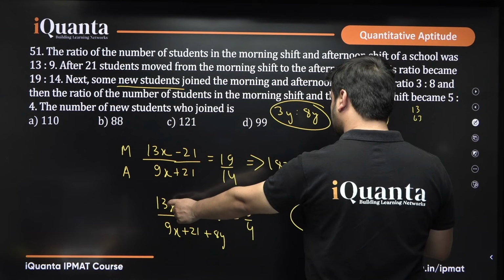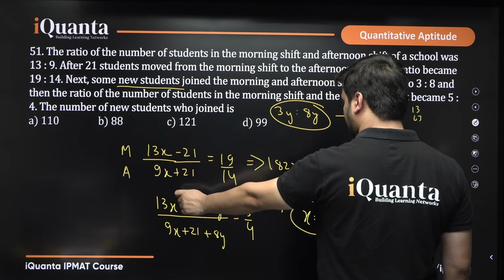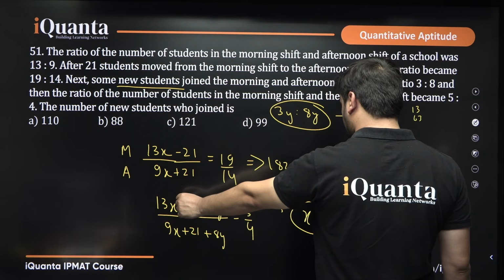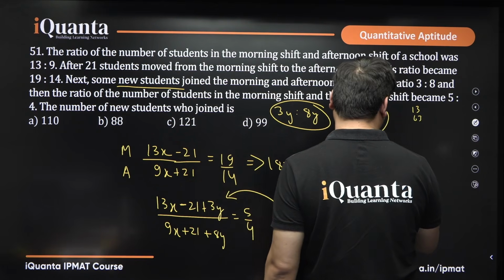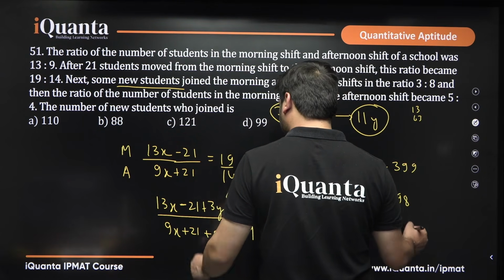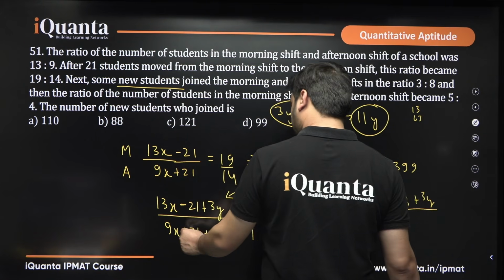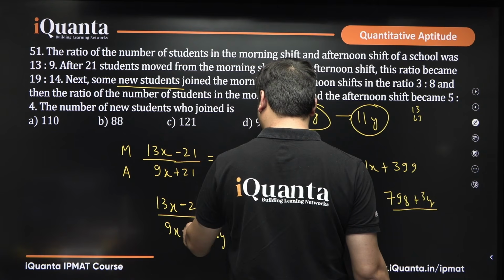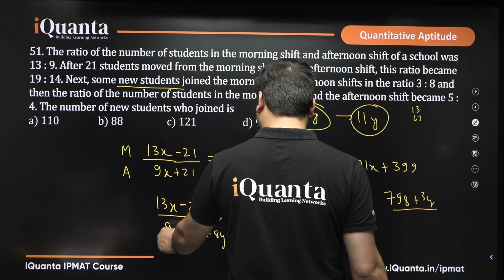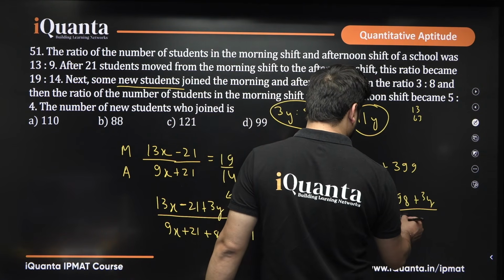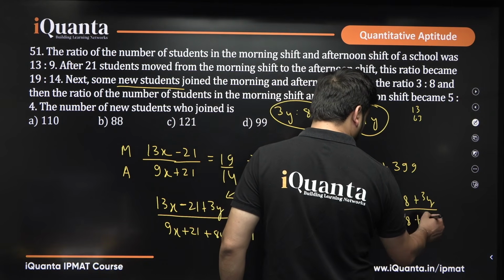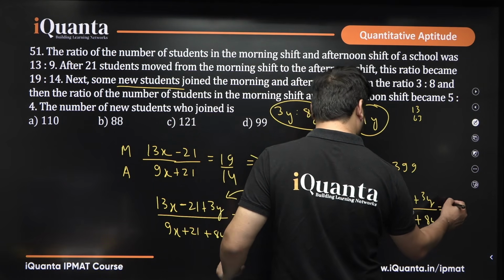If you solve this, you will be getting 63 into 13, 819, 798 plus 3y upon, this will be 63 into 9, 567, 588 plus 8y, and that will be equal to 5 by 4.